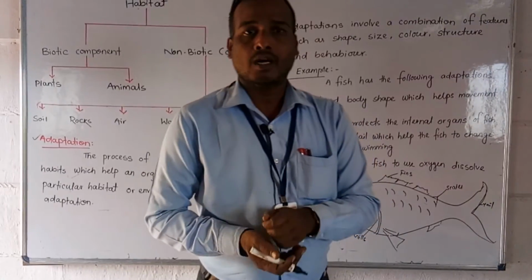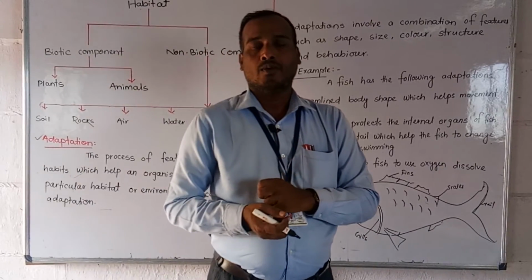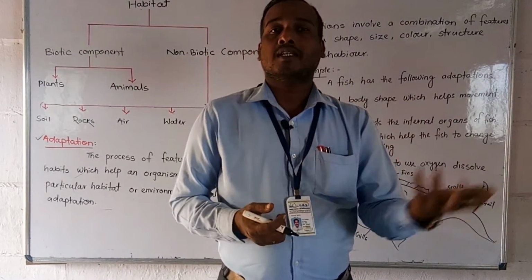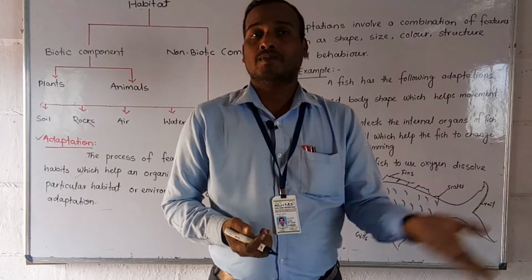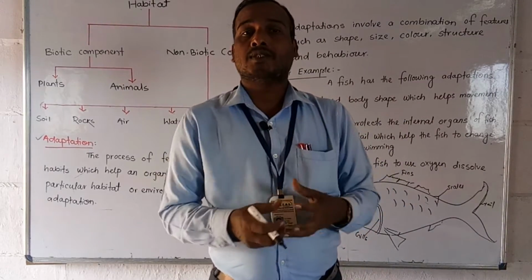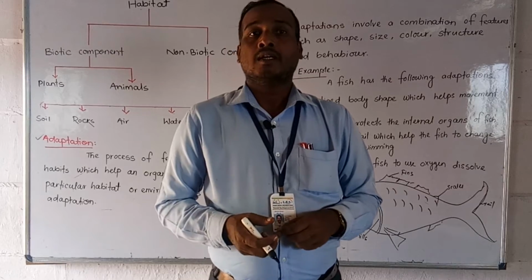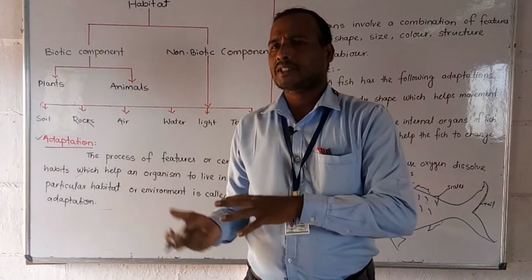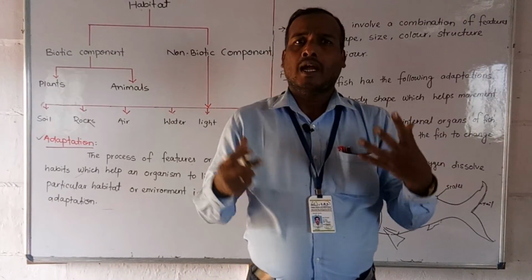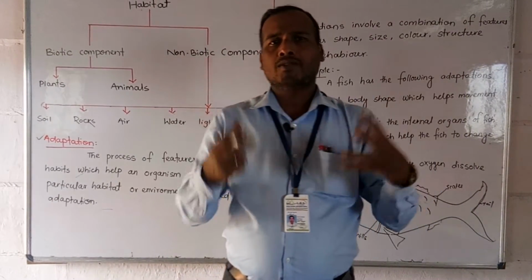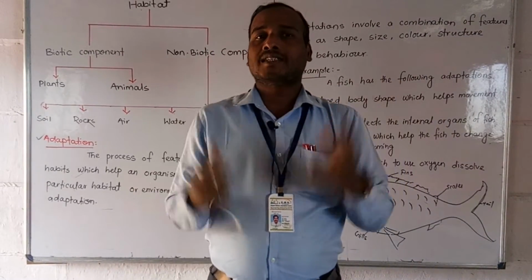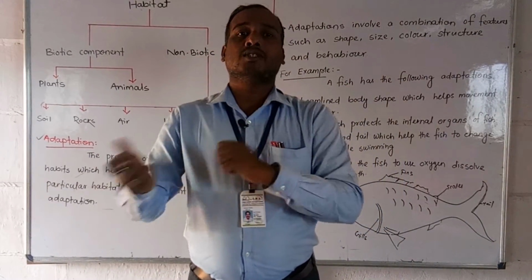Do you have an idea about the dinosaurs? We never see them in the world now. They have vanished from the world because they could not adapt on the earth. Why? Because of the temperature, the atmosphere, their body and all those features, they could not adjust with the surroundings.